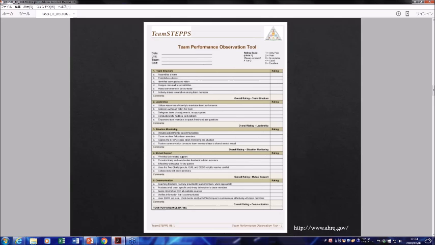You need to fill out your name and date, and you need to rate using a Likert scale from 1 to 5 for each item. And you can calculate the average rating, and at last you can calculate the total score of the TPOT tool.